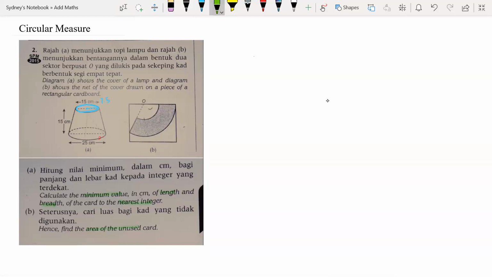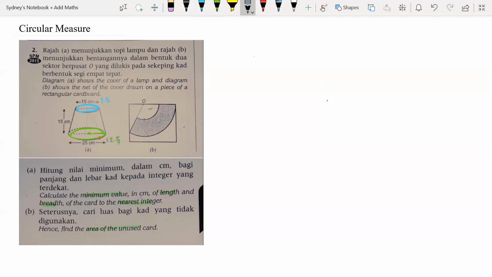And on the other hand, we have this big circular surface where the diameter is 25. In other words, the radius is 12.5.